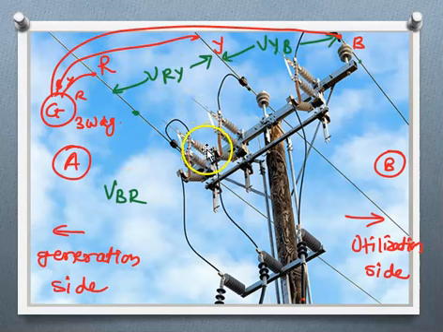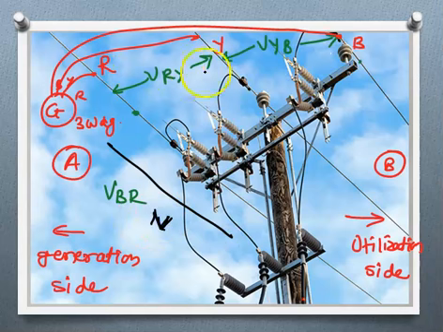Here neutral is not present, but suppose we have the neutral line also: R, Y, B, three phases and one neutral. Then the potential across each phase with respect to neutral is known as phase voltage.